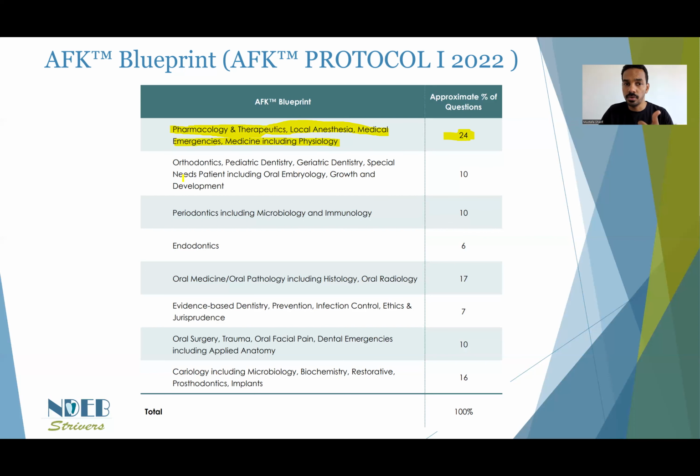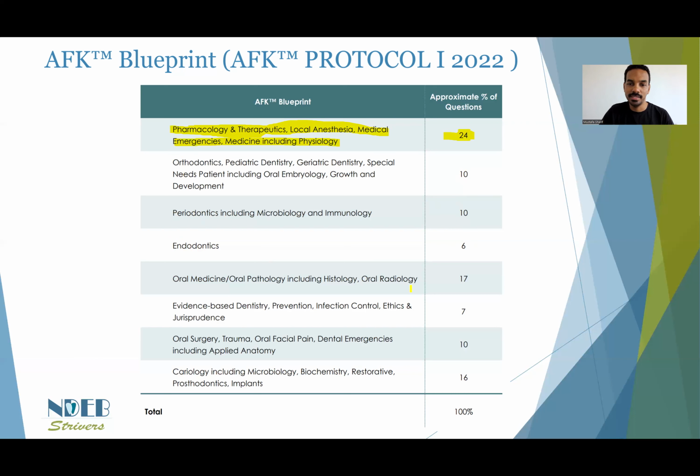The second category is orthodontics, pediatric dentistry, geriatric dentistry, and special needs, including oral embryology and growth and development. There is also the periodontics category, which takes 10%, as well as the ortho and pedo category. Endodontics takes 6%.